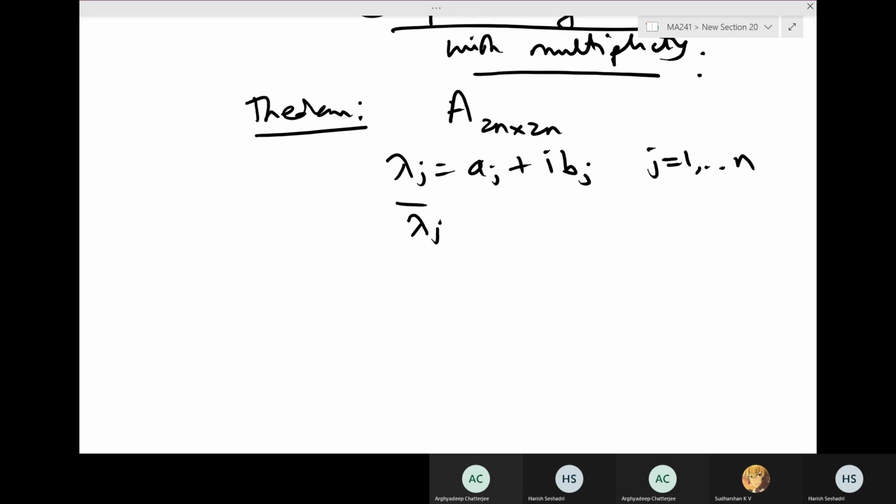As far as the statement goes, it's exactly the same as the real case. Then there exists, again, notice this, there exists, which is a bit troubling. Let me check on this.